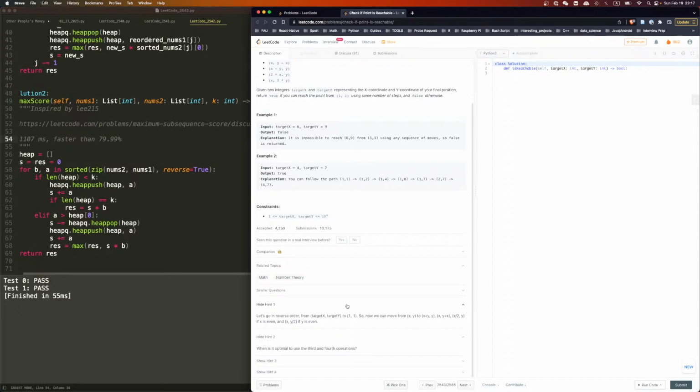Given x and y, we can do any amount of plus x, and then any amount of plus. If we can reach a power of 2, if either one becomes a power of 2, then we're good. That's why 4 and 7 is good, because 4 is a power of 2.